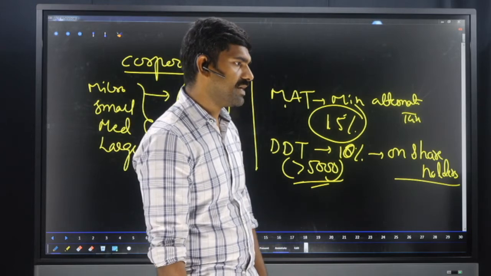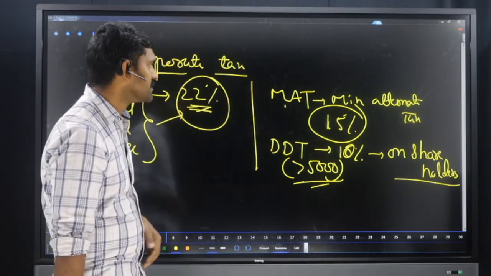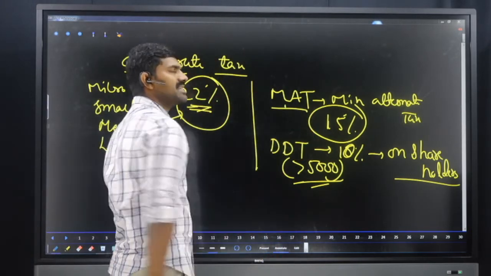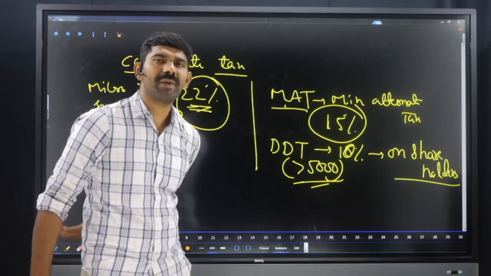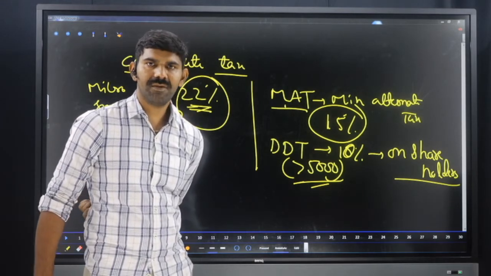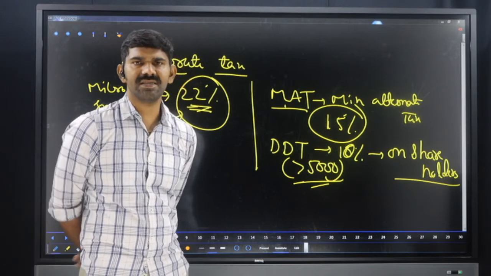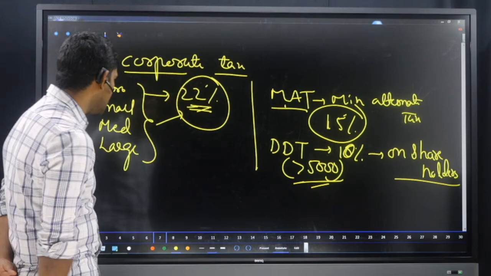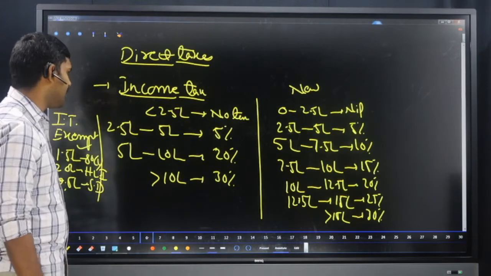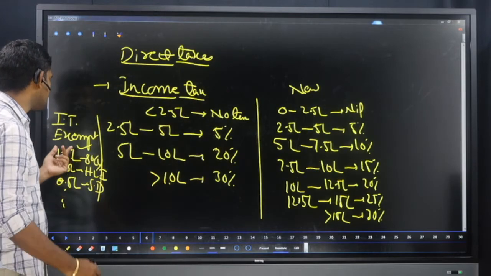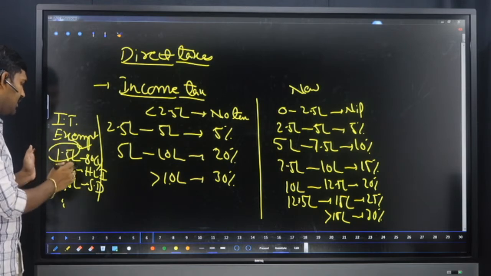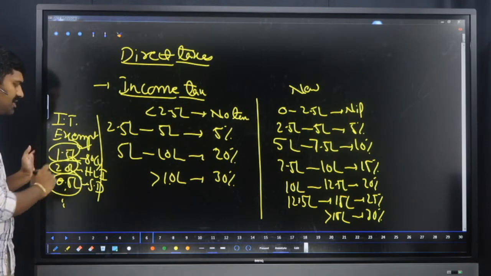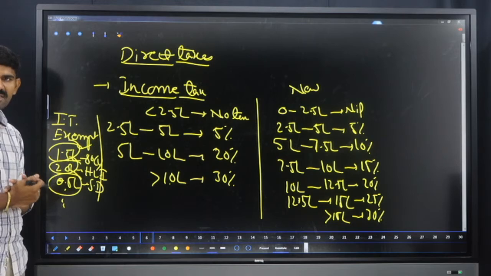Once again repeat MAT and DDT. Sure. MAT, minimum alternate tax, is a tax imposed on the companies which are not paying any corporate tax. Means they are getting profits, but by showing all the exemptions they are not paying. For example, I'm earning, let's say, 10 lakhs rupees, but I'll show some exemption of 1.5 lakh here and 2 lakhs here and 50,000 here, and I don't pay any income tax.